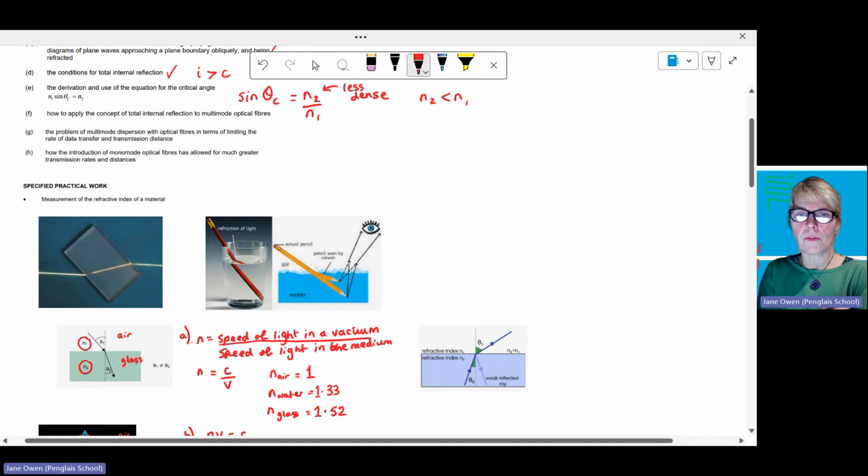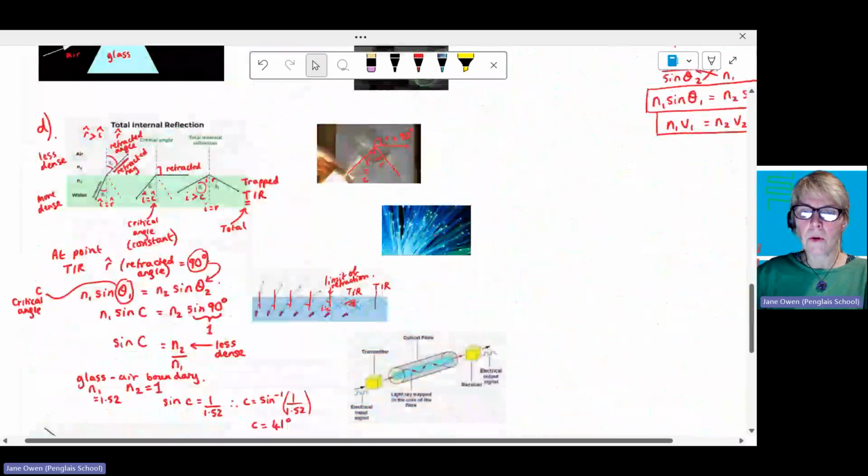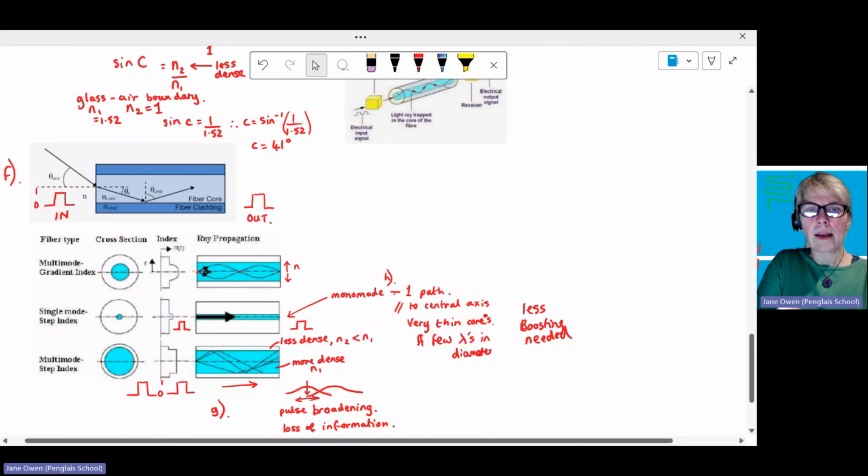How to apply the concept of total internal reflection to multi-mode optical fibers. We've had a look at how light travels down through a fiber optic. I didn't show it particularly well, but here we have refraction on the way in, because it bends towards the normal.